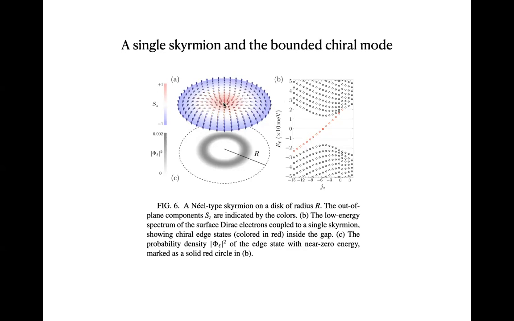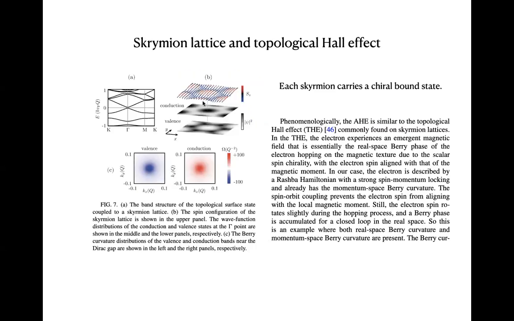That means if you go from the core of the skyrmion to the boundary of the skyrmion, the Dirac mass changes sign. So there has to be a chiral mode bound to the skyrmion. This is what the numerical simulation found: a chiral mode bound to the skyrmion. For a skyrmion lattice, each of the skyrmions would have this chiral mode.